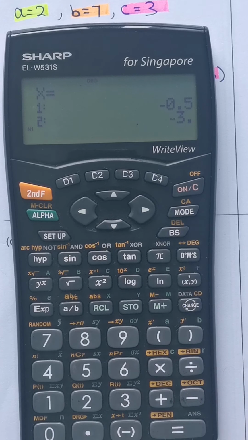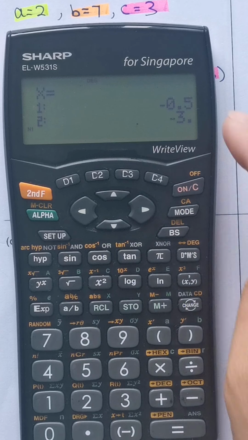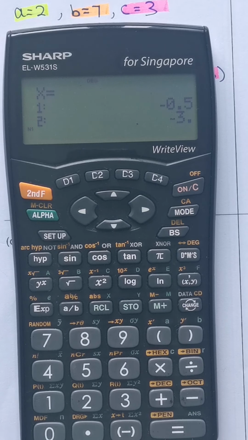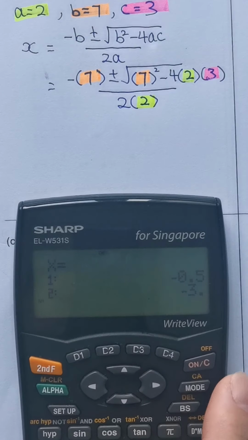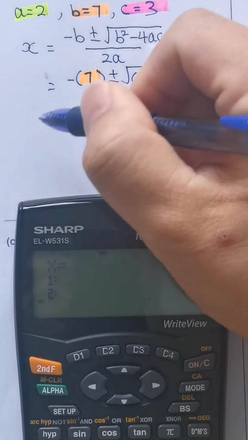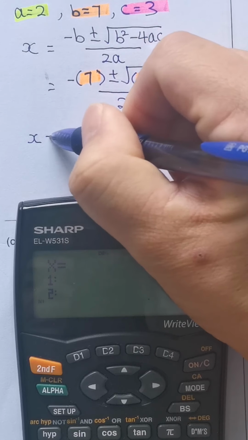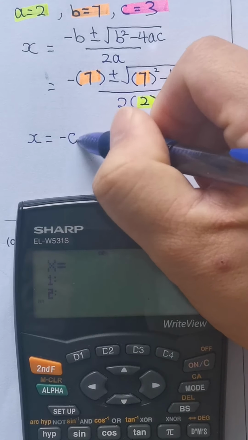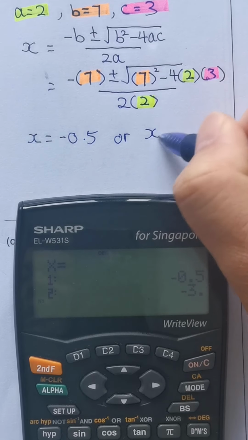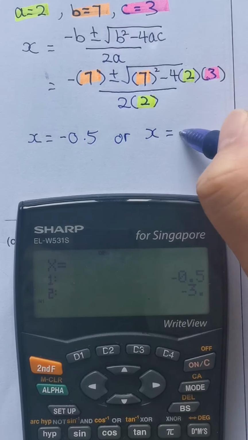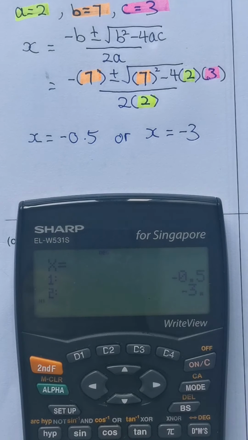I press equal. The calculator shows us two values. The first value is negative 0.5, and the second value is negative 3. So the answer to this question is x equals negative 0.5 or x equals negative 3.